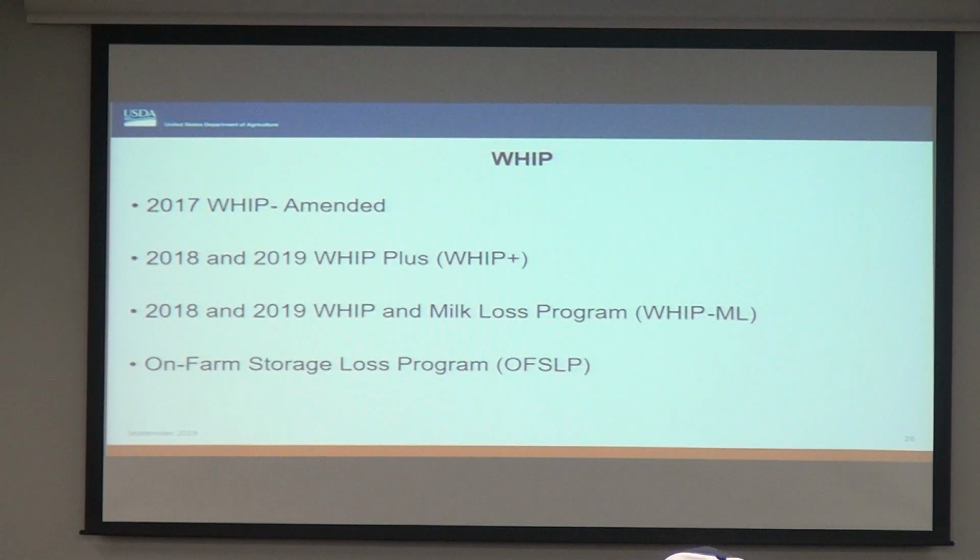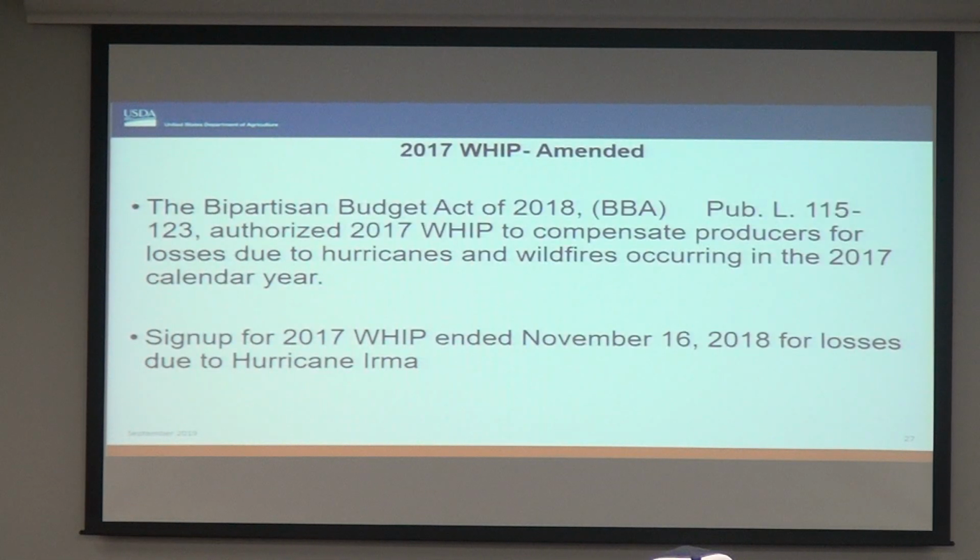And also added, as I said earlier, that WIP has expanded. Also, we have a milk loss program for 18-19 disasters, and there is an on-farm storage loss program for 18-19 disasters.